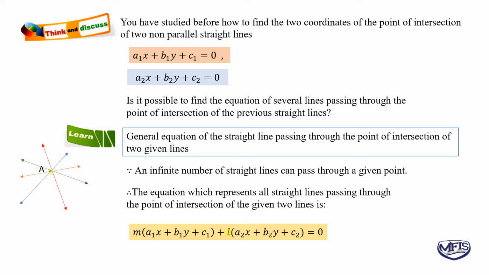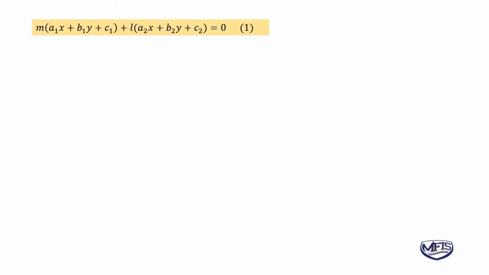So this is the general equation for all the straight lines passing through the point of intersection, and m belongs to R and L belongs to R. So this is the first form: m multiplied by bracket a1x plus b1y plus c1, plus L multiplied by bracket a2x plus b2y plus c2, all equal 0, and m belongs to R and L belongs to R.